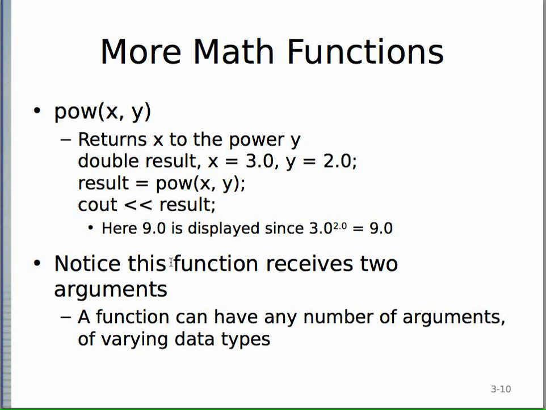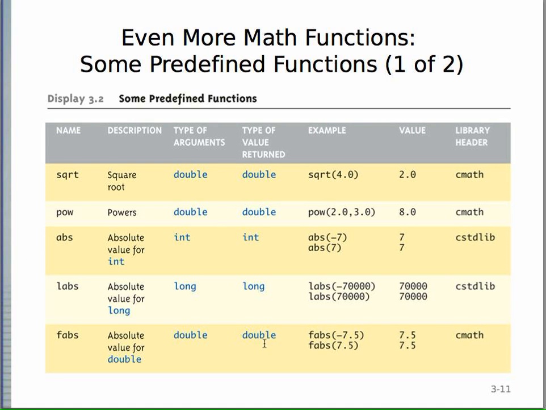So one thing to note that's different is that it has 2 arguments. And you can set up a function to have any number of arguments of different data types. And you guys have done that, I'm guessing. Here's another listing. Square root, power function, abs, long abs, and fabs. You can try out all of these.